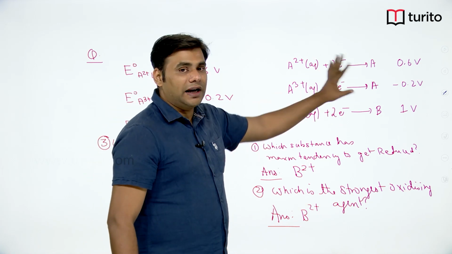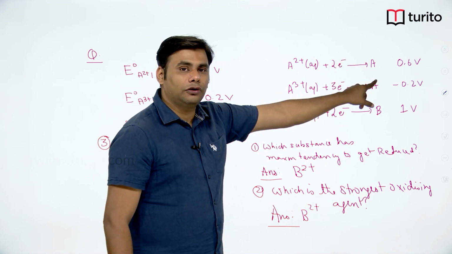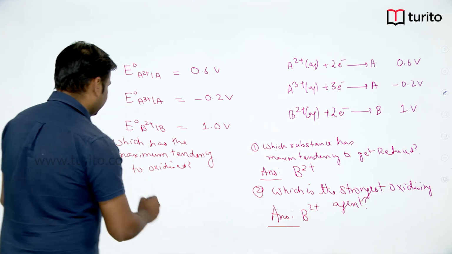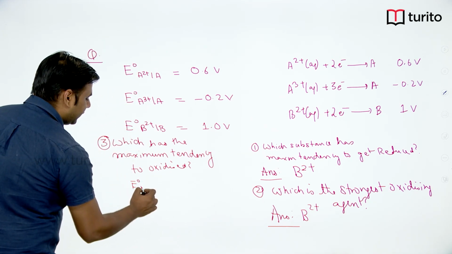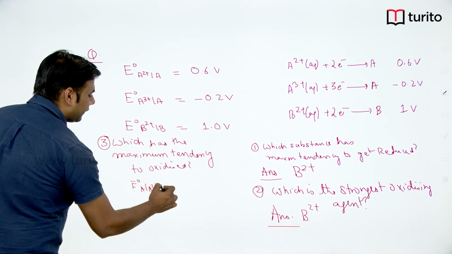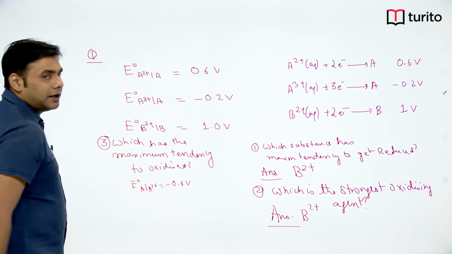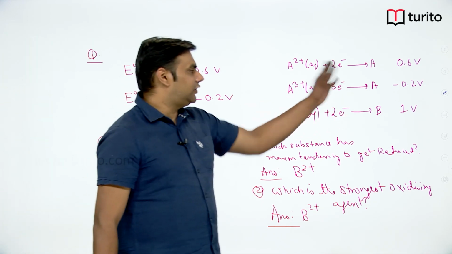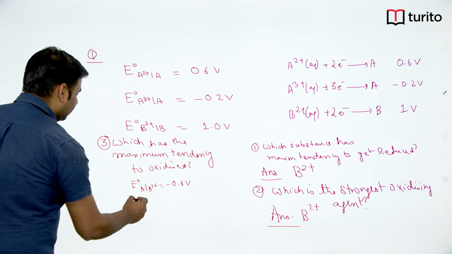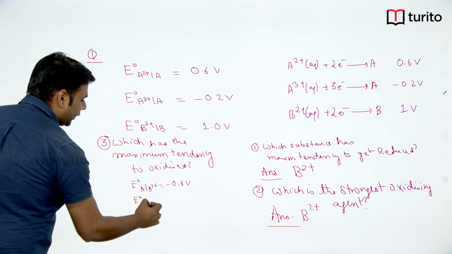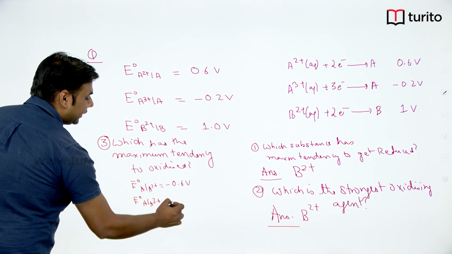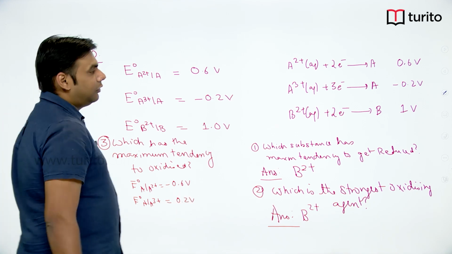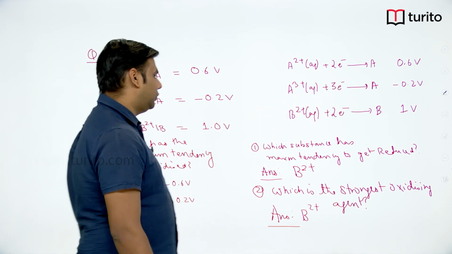So if you write the reaction in reverse, it would become the oxidation of A. So oxidation potential of A would become in that case minus 0.6. If you reverse this reaction, A changing into A3+, this would become the oxidation potential of A changing into A3+, which would be 0.2 volt.